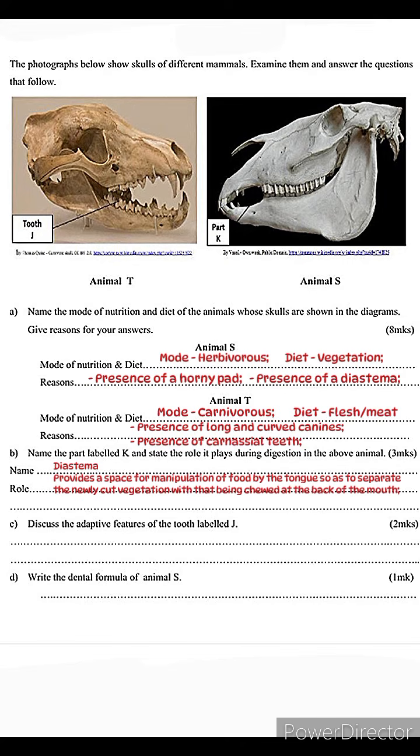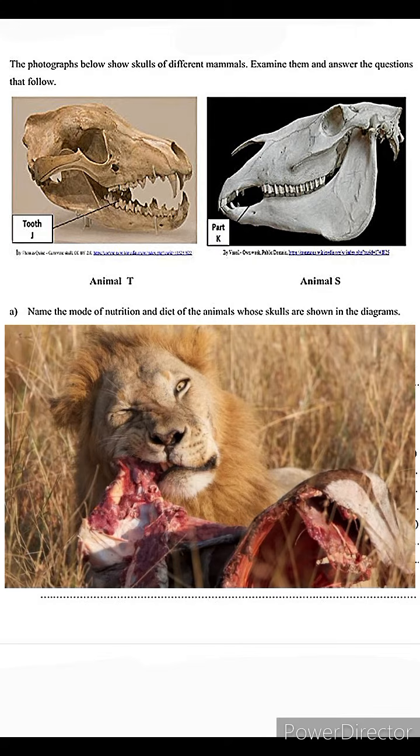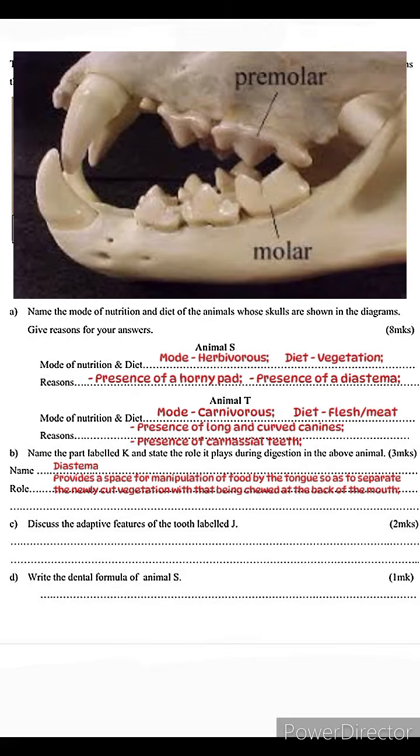Part C, discuss the adaptive features of the tooth labeled J. Now J is a carnassial tooth. Now carnassial teeth are specialized premolars and molars that have had their structures changed in order to perform a specific function. Which function is this? Slicing through flesh and crushing bones. Now they have certain adaptations that enable them to do so.